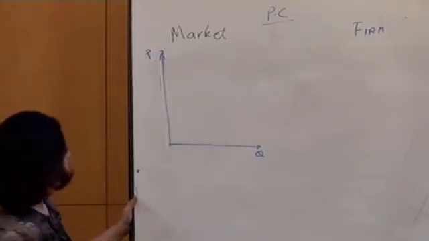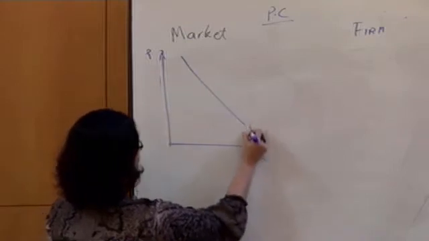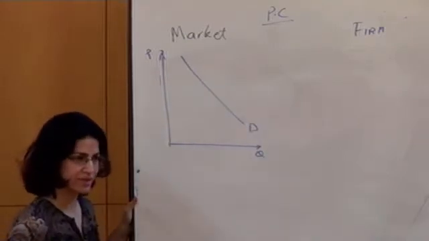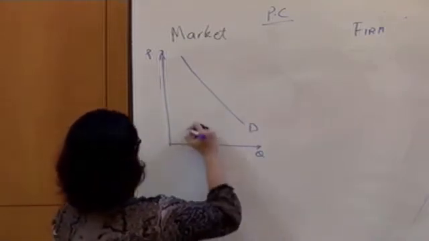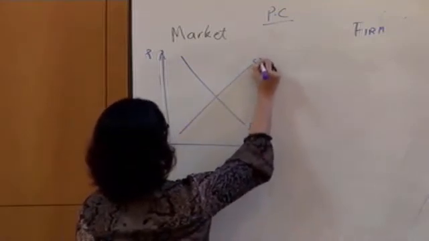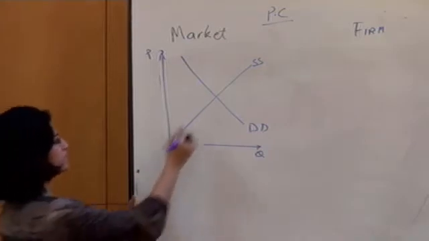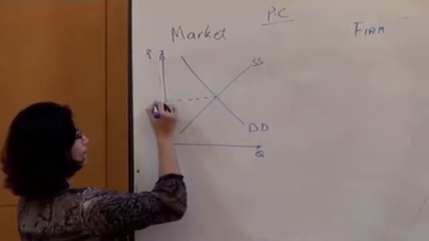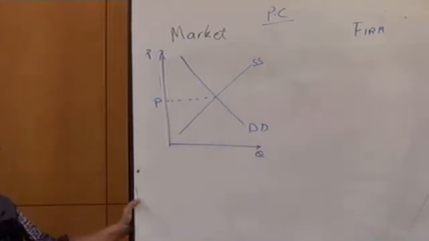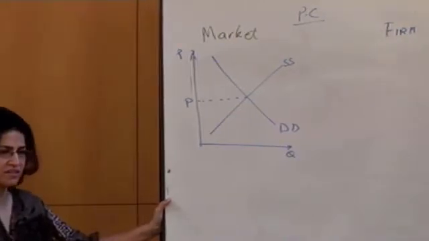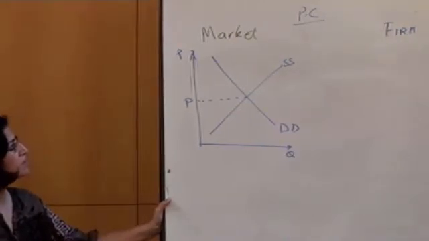So market demand comes from the consumers, they maximize their welfare. Supply side is coming from the producers. And what does that determine? That determines your equilibrium price. Right? That's the market demand and supply. That's the graph for the market in a perfectly competitive industry.